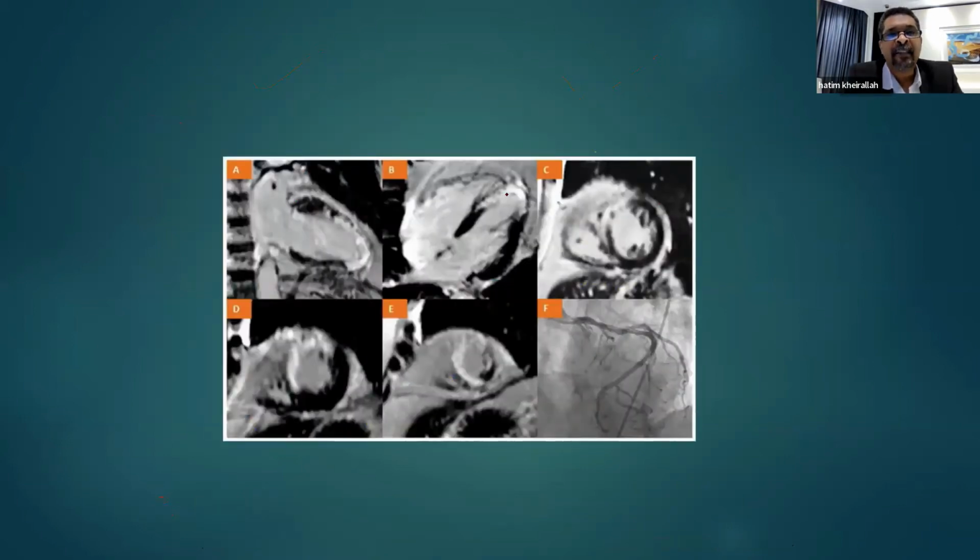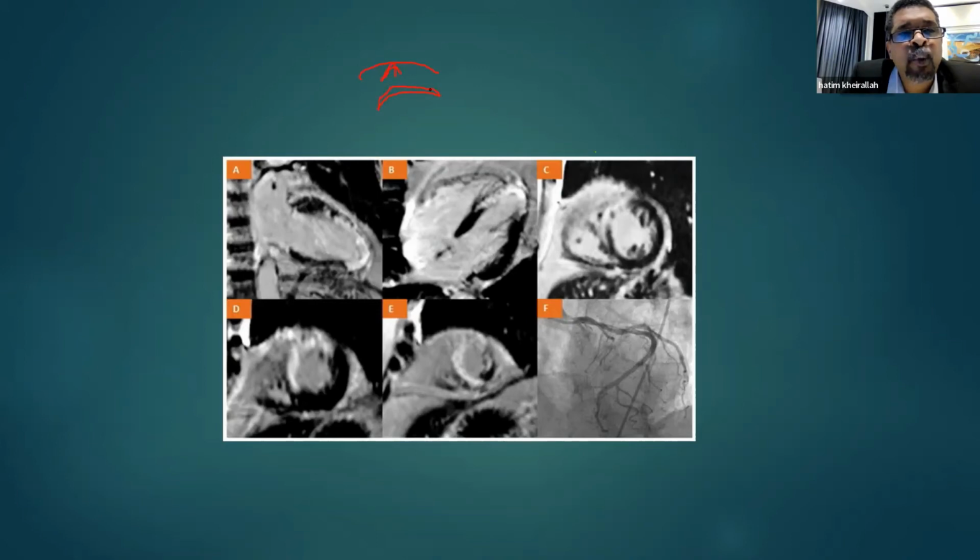Now, if the CMR shows you how much fibrosis there is, the fibrosis is defined by the delayed hyperenhancement and how much it involves the wall. Ischemia, like we said, always starts subendocardially and goes epicardially.